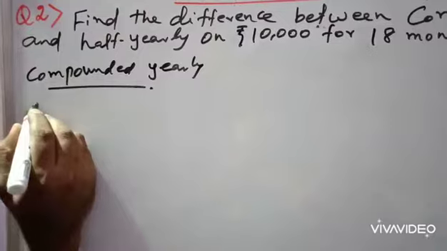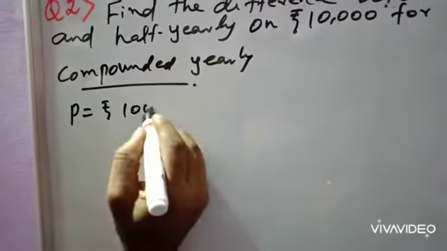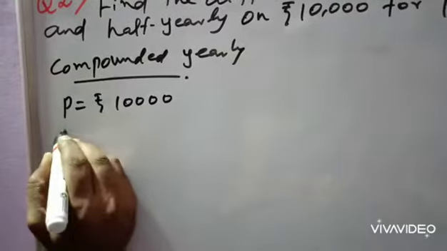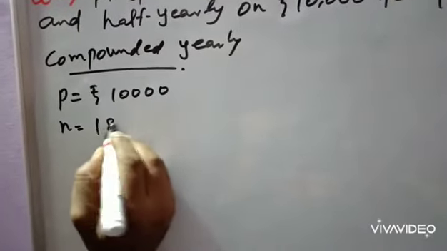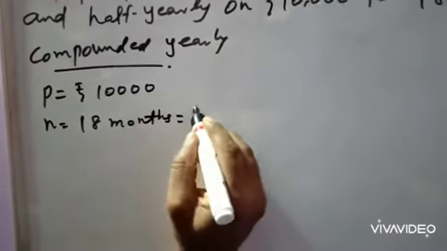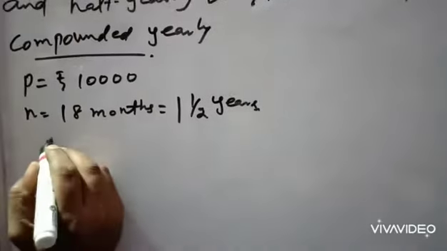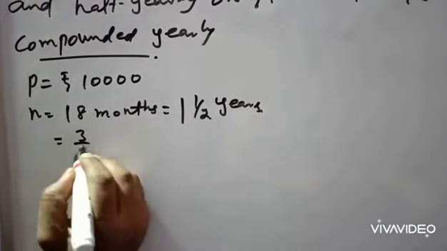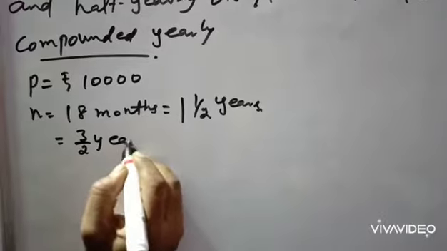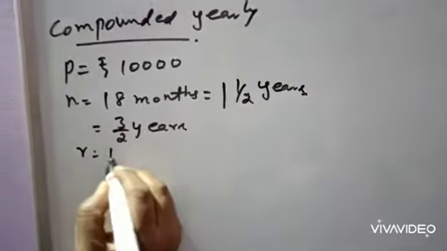So here principal P equals rupees 10,000, n equals 18 months equals 1.5 years. 18 months means 1.5 years, so equal to 3 by 2 years. R equals 10%.